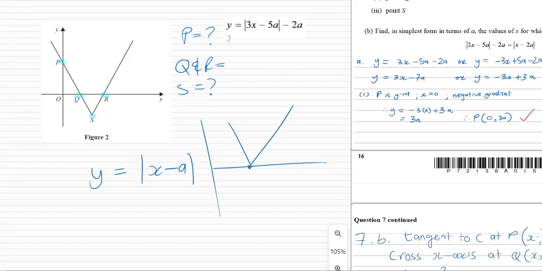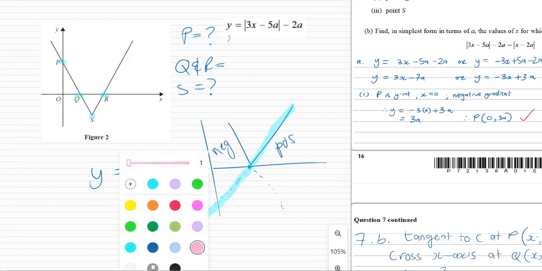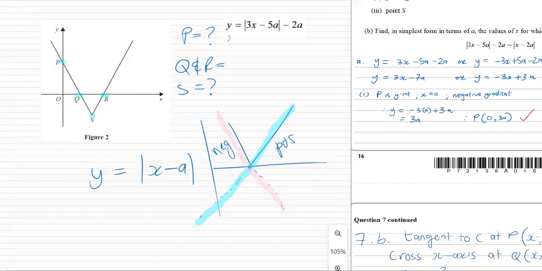So the part of those straight lines that's underneath the x-axis gets cancelled out. That's what the modulus does. It makes that there are two options, either plus or minus.